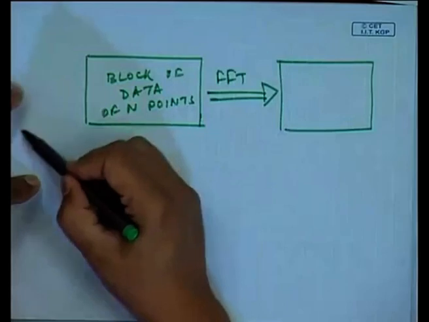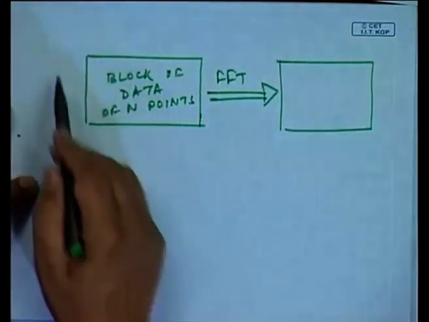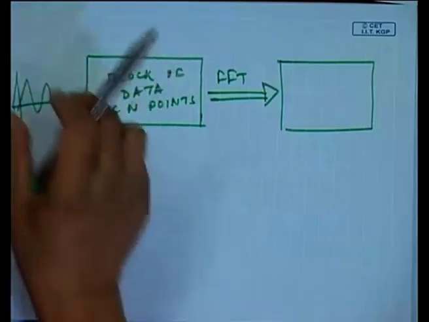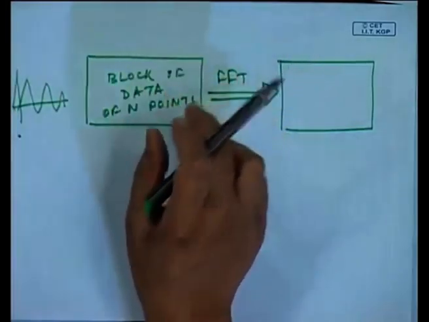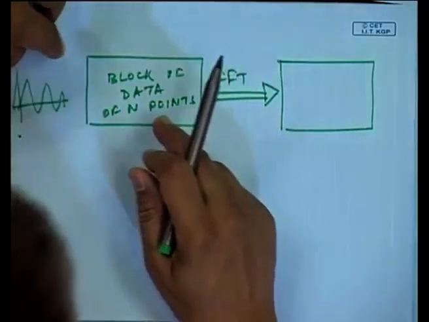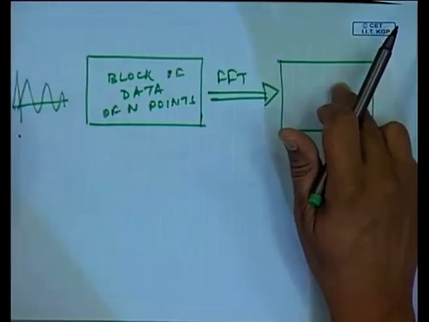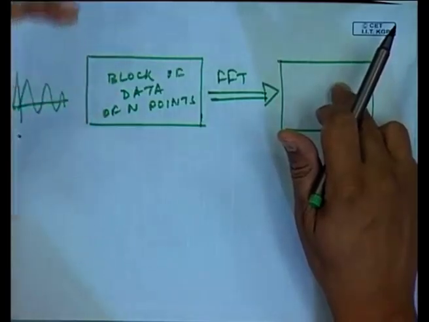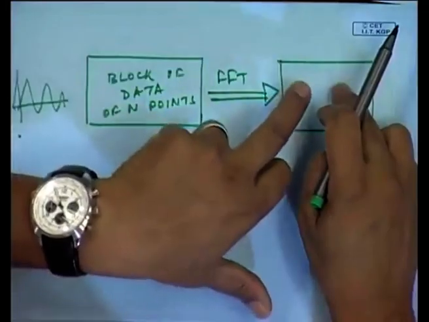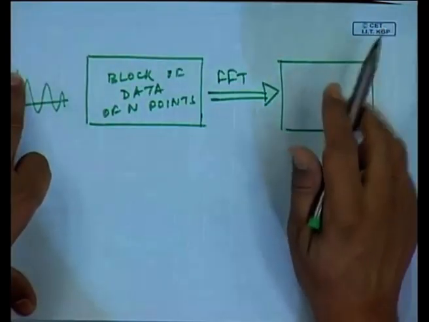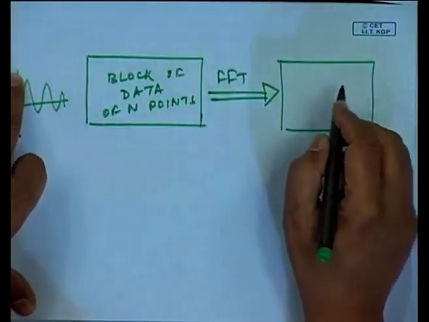Because if this is a continuous stream of data coming in, I am taking blocks of data. So, before I finish computing the FFT, if more data comes, I have to either store it, otherwise I will lose the data. But if I can complete the FFT before this second block of data comes, I would have done what is known as a real time FFT.